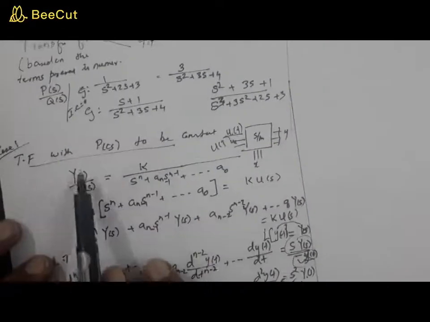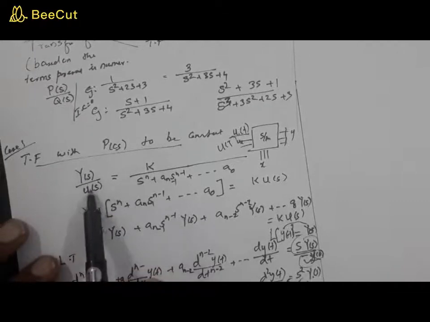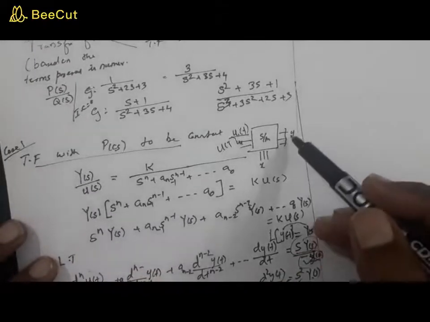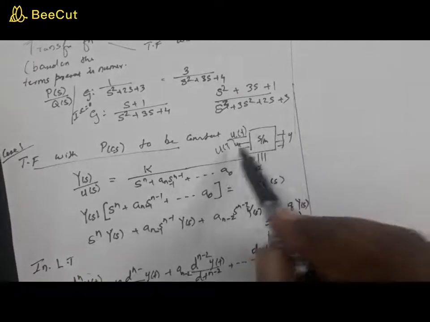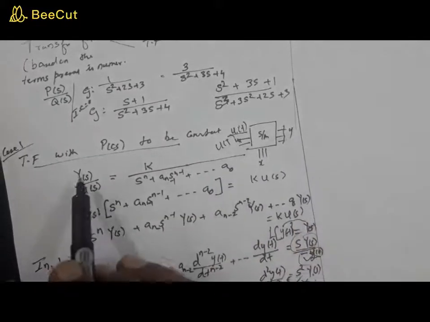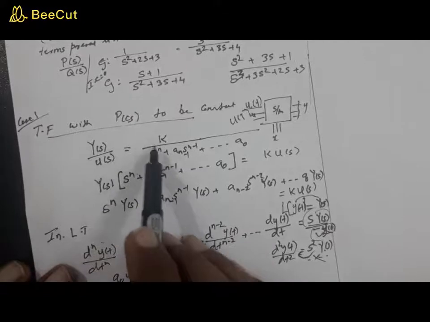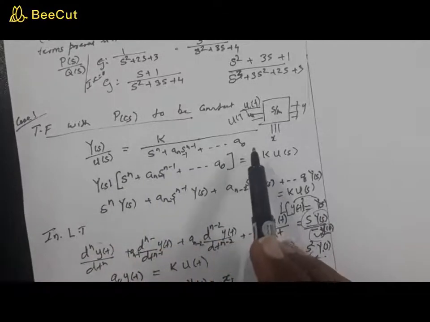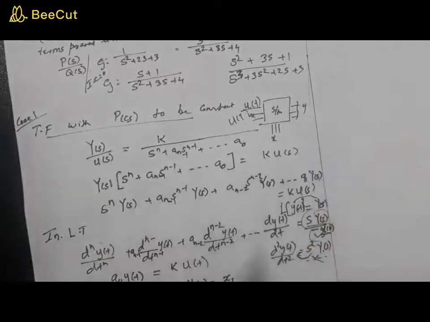What we do is we represent this as y of s to u of s. Why u of s? Because we have already designated u of t as the input and y of t as the output, so the Laplace transform has to be y of s to u of s. The y of s to u of s is k by s raised to n. And mind you that this transfer function is defined with the initial state being 0.